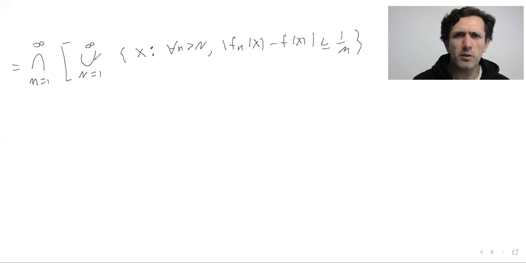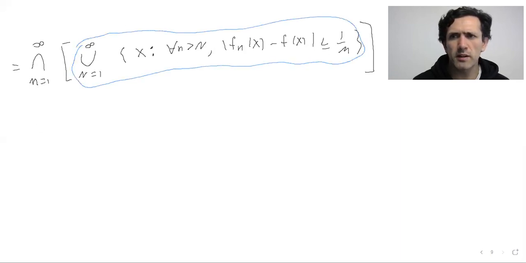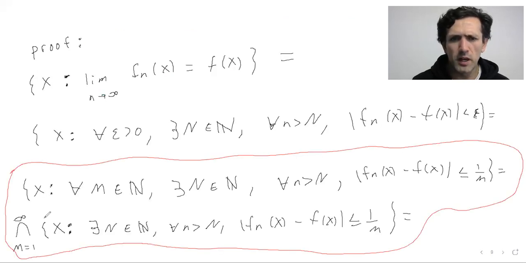And again, here, I'll do it in blue. The idea is that the two things I'm circling in blue are going to be equal. If you have any doubts, then just prove that one is a subset of the other and vice versa.